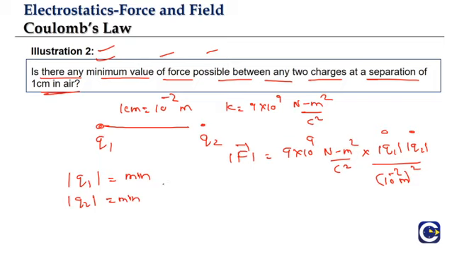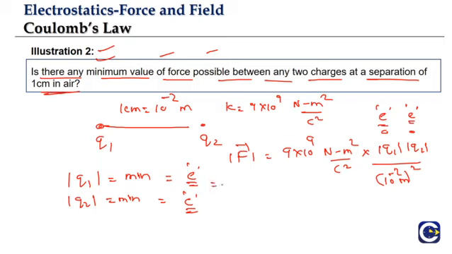We have learnt about it in properties of the charges, that the minimum possible value of charge is basic charge. We cannot have a charge less than that. Similarly, if you look at Q2, the minimum value for Q2 also will be e. So we will have the minimum possible value of force between any two charges, where each of the charges is going to be e and e.